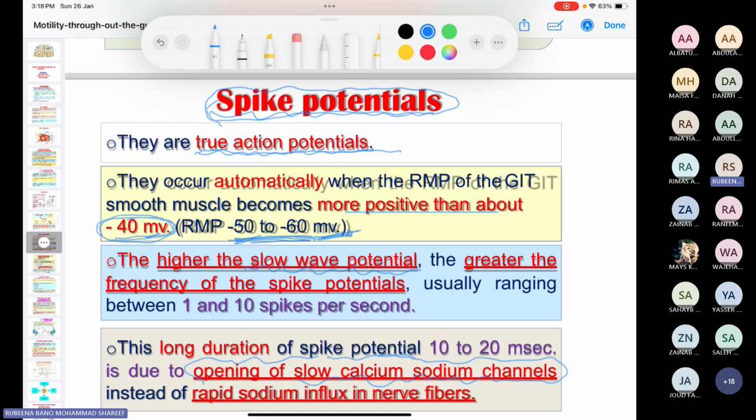So these three things: what is the resting membrane potential of the GI wall, when spike potentials occur, and what is the cause. It is the opening of slow calcium sodium channels.